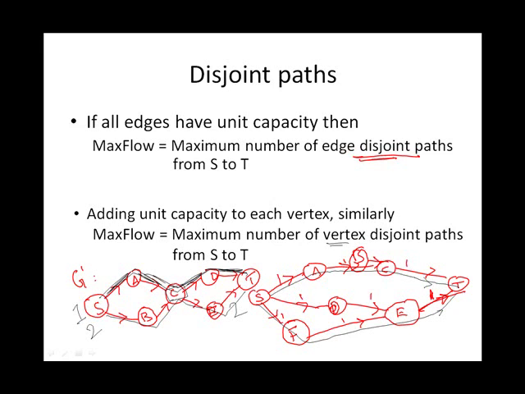So again, once we have a capacity restriction on a vertex, all we do is we split the vertex into C in and C out, and we add the capacity of 1 from C in to C out. So what this essentially does is, once we increase the flow along the vertex C, we cannot increase the flow anymore because the capacity is 1. So this actually captures the vertex disjoint path property we want.